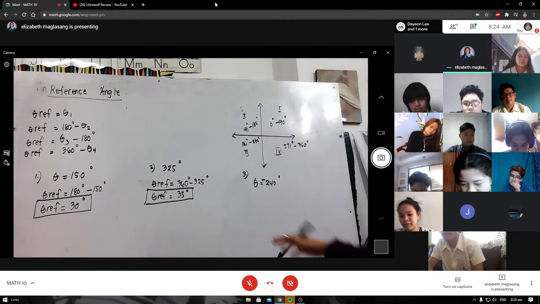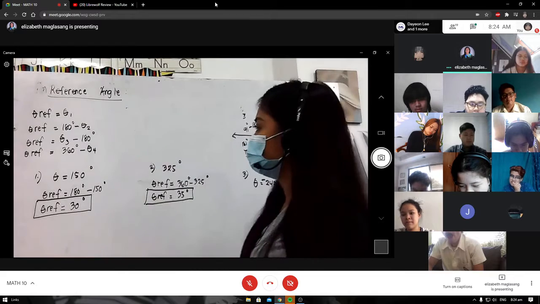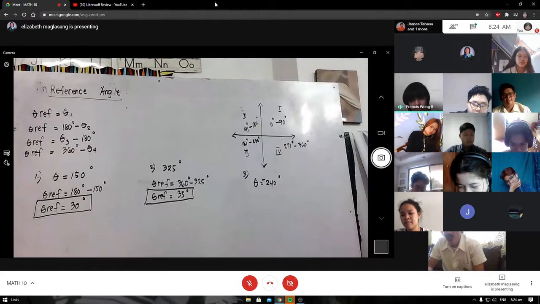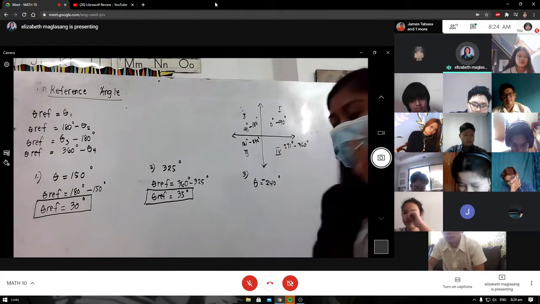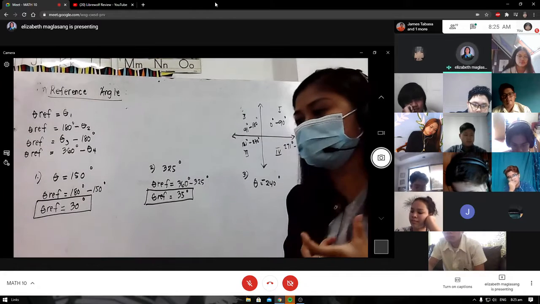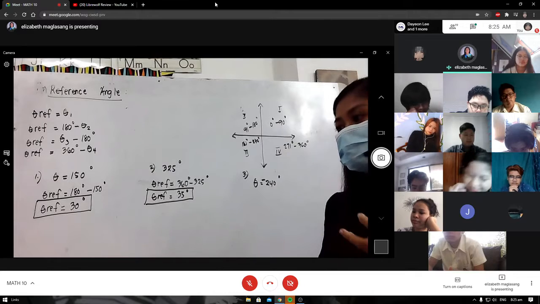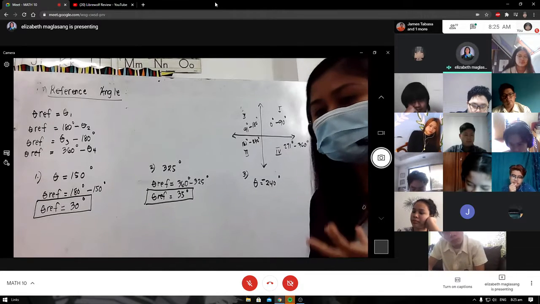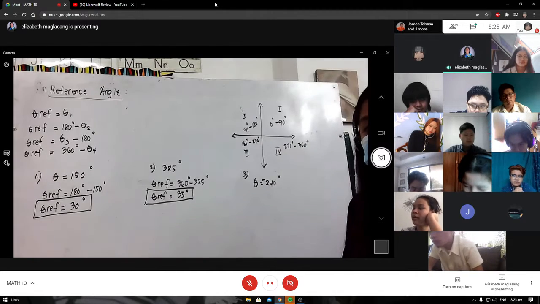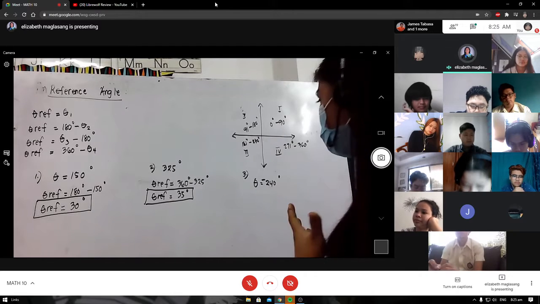Find the positive coterminal angle. Very good. So always remember, class, that the reference angle should be a positive and acute angle. Since the given is negative, we have to find first the positive coterminal angle.